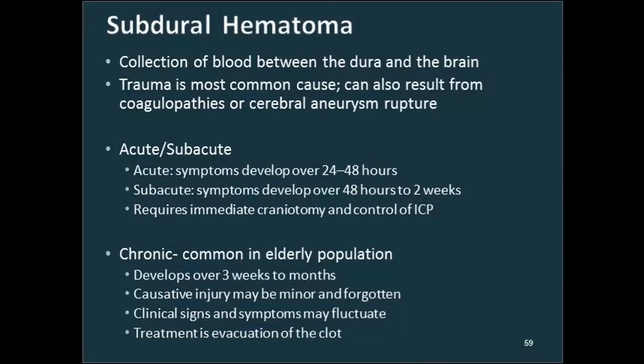So it really depends on the size of the hematoma, if it's growing, if it's getting bigger, how quickly it's getting bigger, if there are any symptoms, if the patient is symptomatic in any way. If there is evidence that it's getting bigger and the patient is symptomatic, then they will do a burr hole to relieve the pressure and extract the clot.